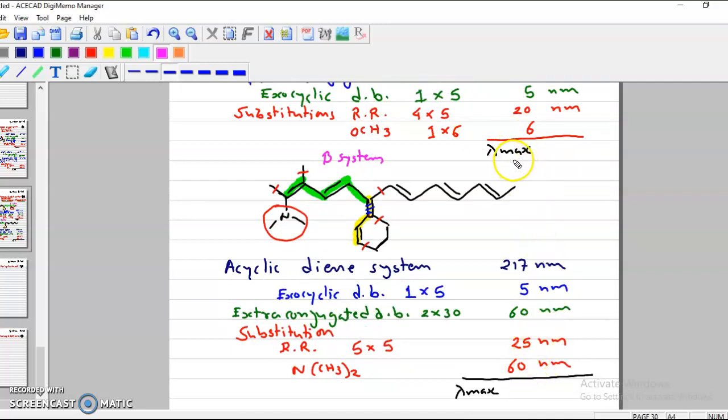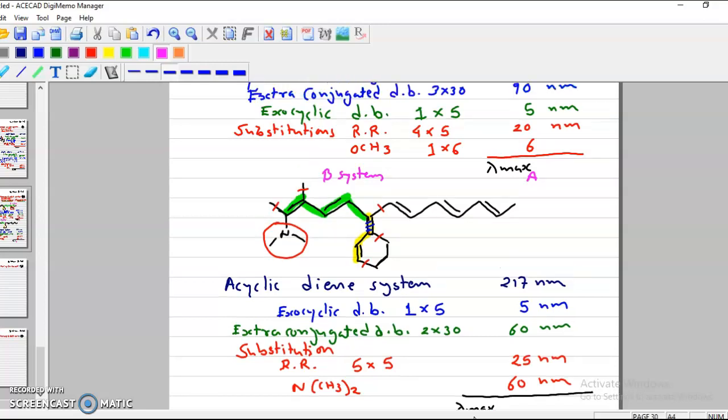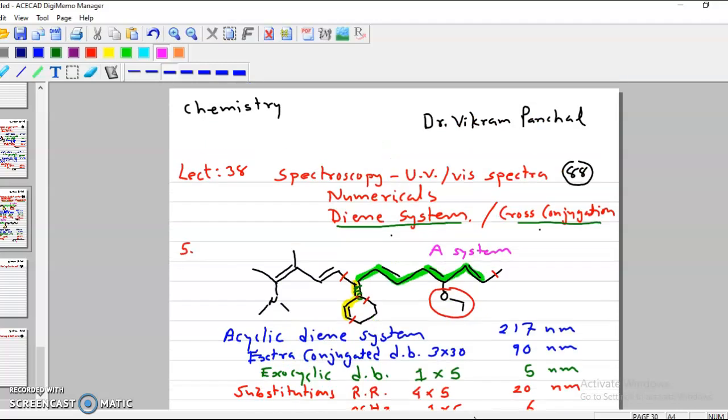Whichever lambda maxima is higher will be the total lambda maxima of this system. So in cross conjugation we'll have to consider lambda maxima for two different systems A and B, and whichever has the higher value we'll consider that one. So cross conjugation is basically two different examples but sharing the same basic system, in which the basic system is common for both sides.